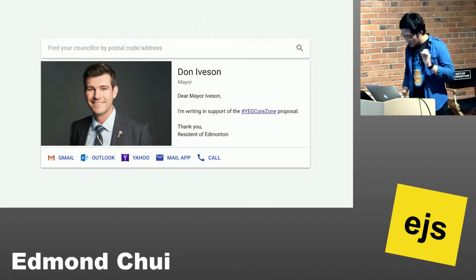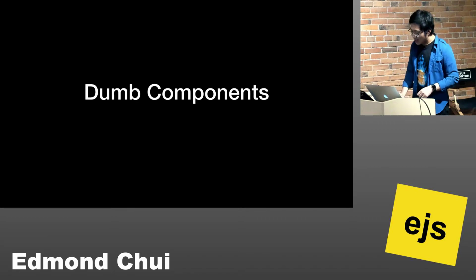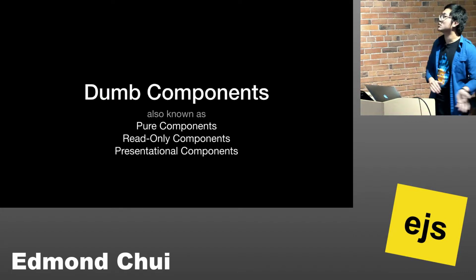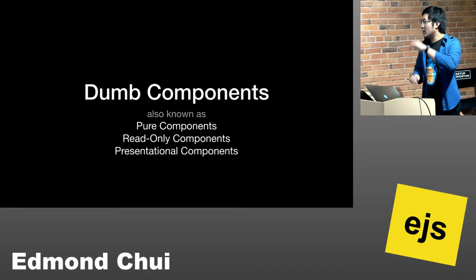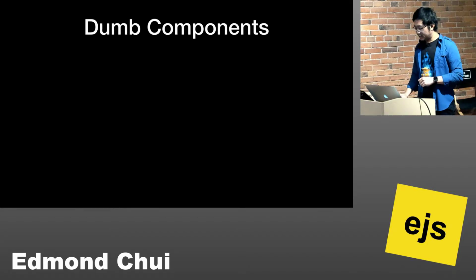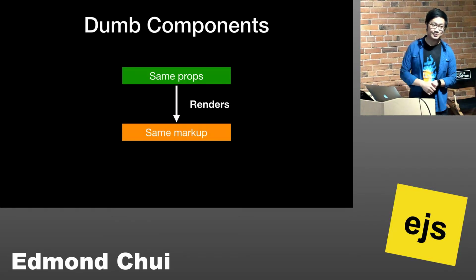So let's see how we can find joy in testing. Now, first thing will be dumb components. People also call that pure components, read-only components, or presentational components. And if you're familiar with pure functions, the concept is the same. So, given some input, always return some output.